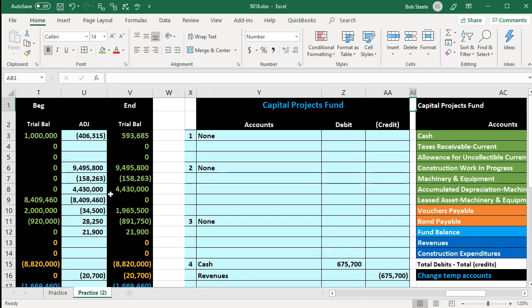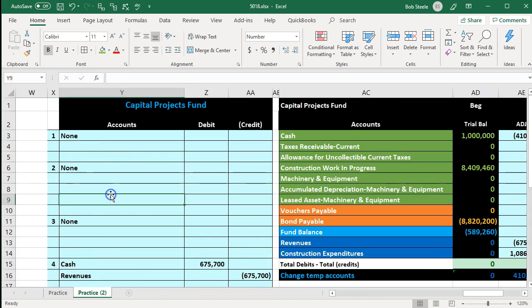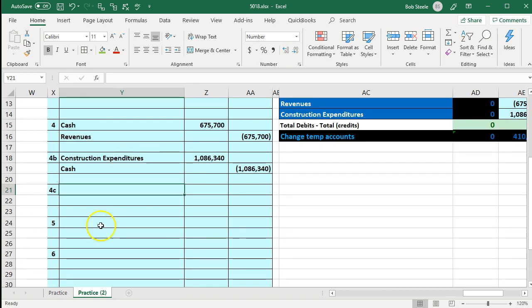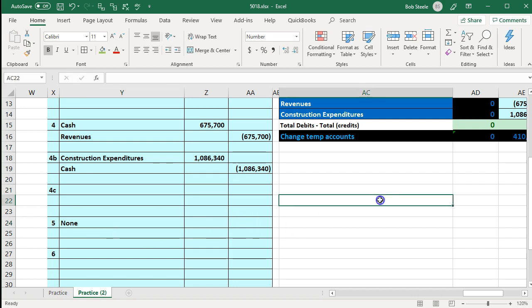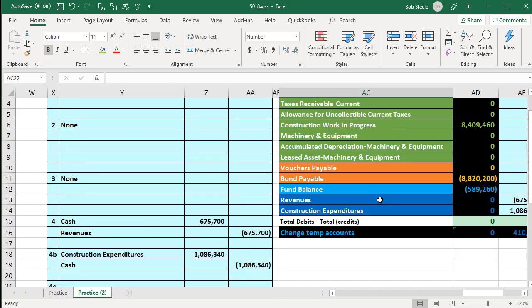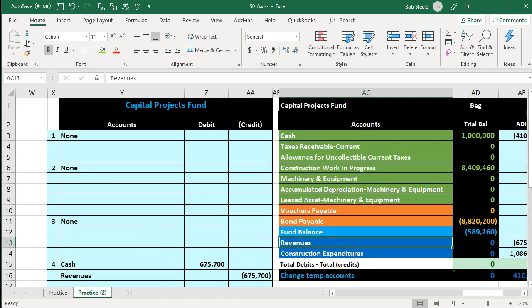So if we close out to the capital project, we scroll over here, then we're going to have actually no activity in the capital project either. Why? Because we're tracking the flow. With a modified accrual basis, we're not recording the depreciation because we're tracking the flow of the activity and the cost of it. So we have no journal entry related to depreciation here either.